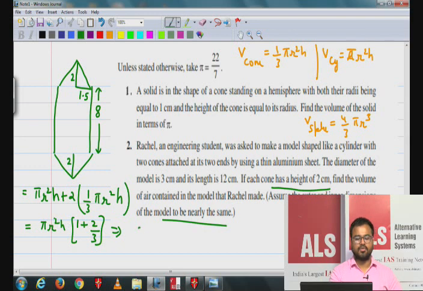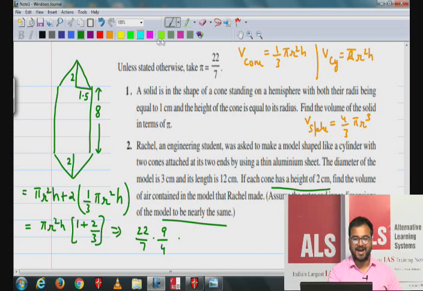So we can put pi as 22 by 7. Our radius is 1.5, and 1.5 is 3 by 2. So 3 by 2 whole square is 9 by 4. Height is, this is for cylinder, which is... I got your point.